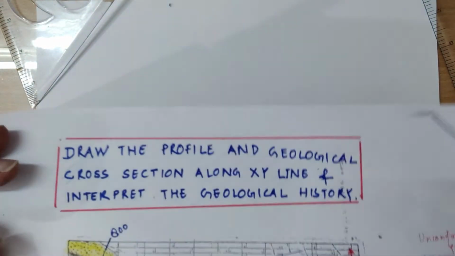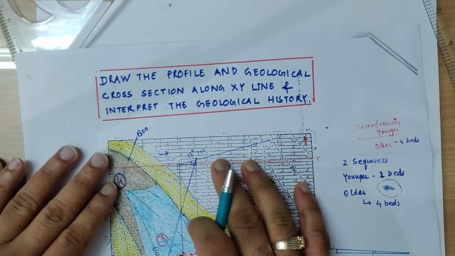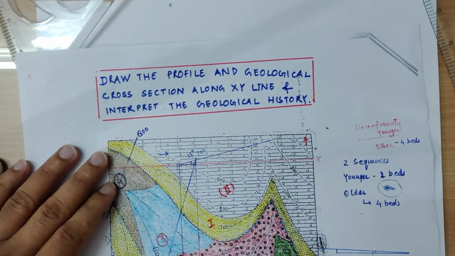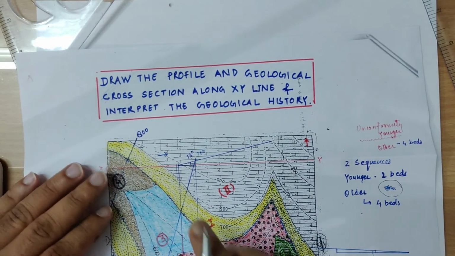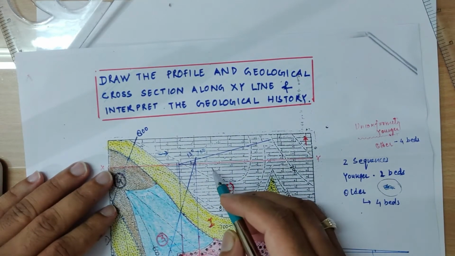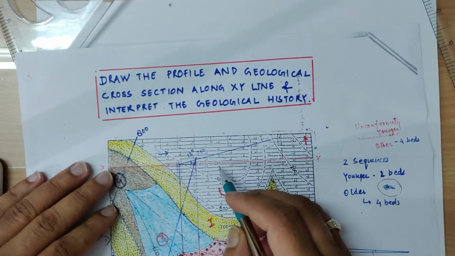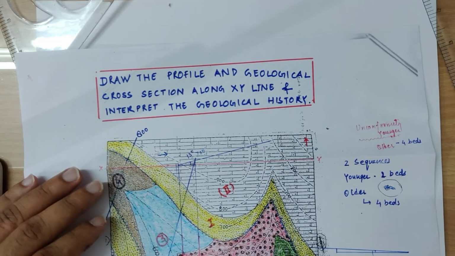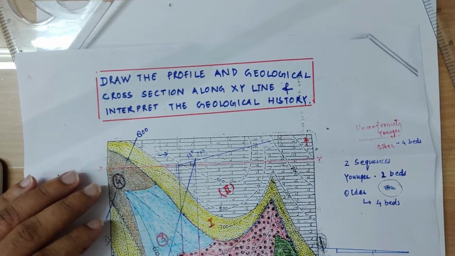So how are we going to get it? Because we know if there is no erosion, the beds always stretch in the direction of their strike. So if we have to plot these beds, we will have to stretch them onto the section line along the direction of their strike. So this is the rule. We are going to stretch the beds.